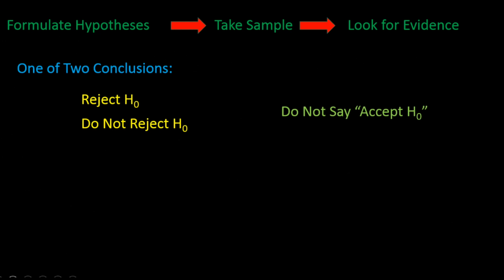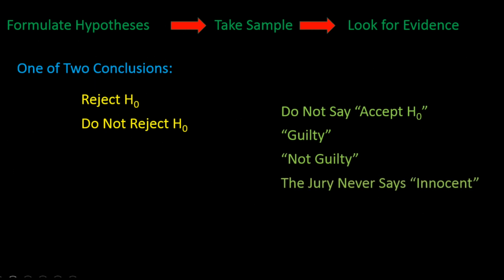Think about it this way. In a courtroom, the jury looks at evidence and decides if the defendant is guilty or not guilty. We never say the defendant is innocent, since that is not what we are looking for. There is a presumption of innocence, yes, but the jury's task is to look for evidence of guilt. If they find that evidence, then they pronounce guilty.